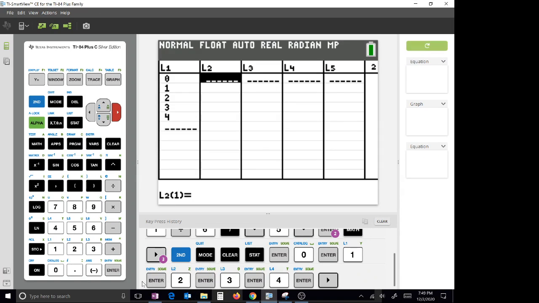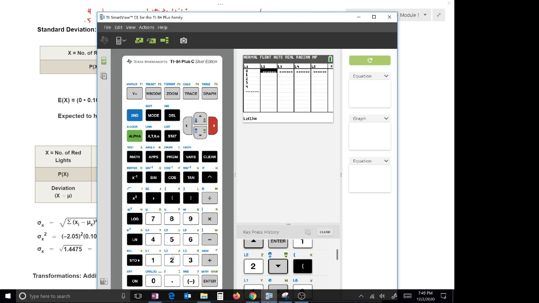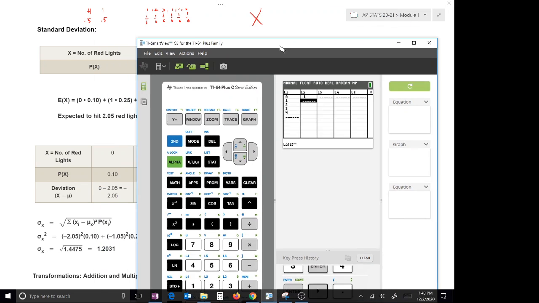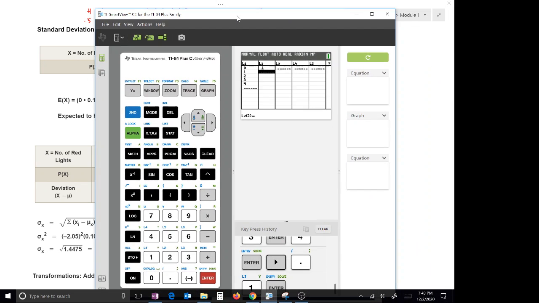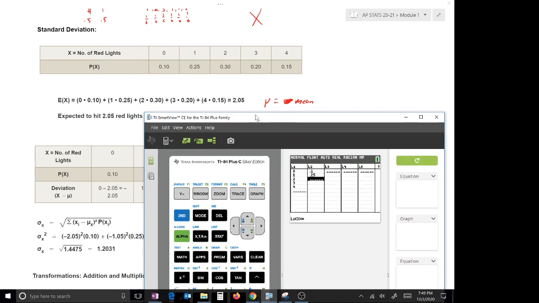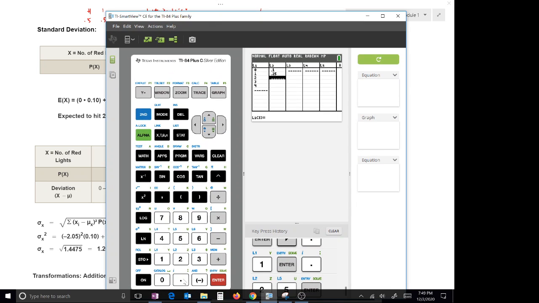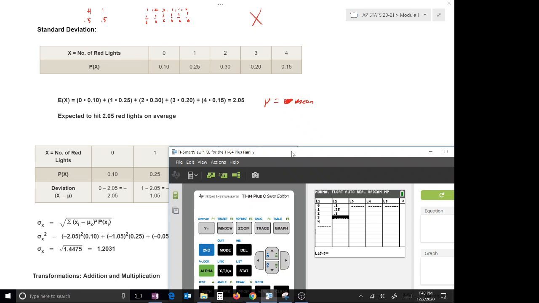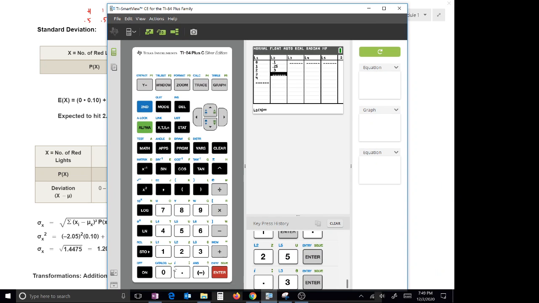That's 0.1, if I remember correctly, 0.1, 0.25, 0.3, 0.2, and 0.15.